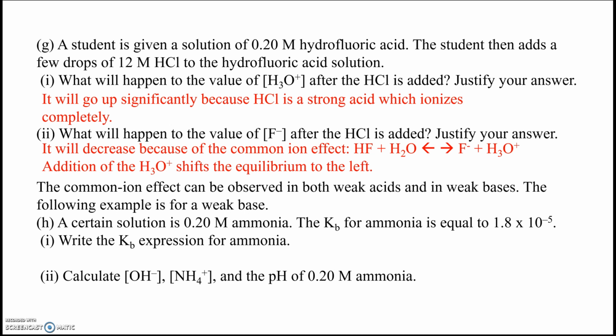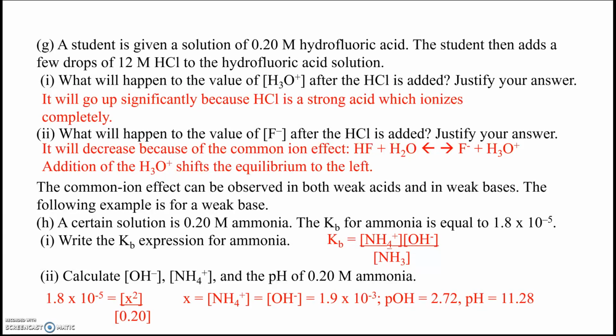So we want to write the Kb for ammonia. Of course, we can do that. We can say the Kb, K for the base, is the ammonium ion times the hydroxide ion divided by the ammonia concentration. And we want to calculate OH-, NH4+, and pH of this 0.2 molar ammonia solution.